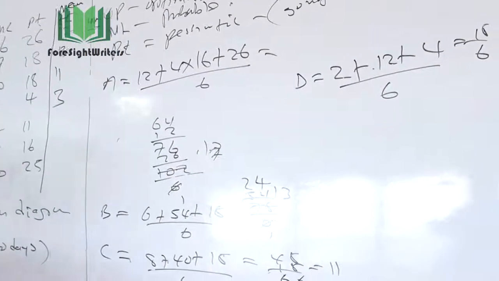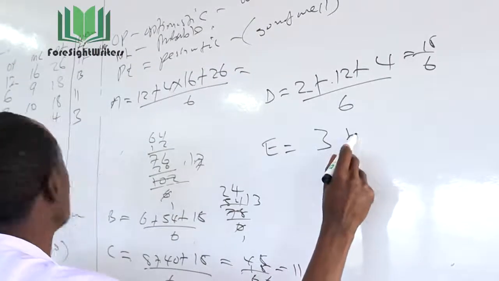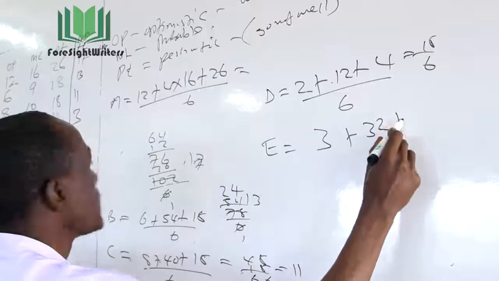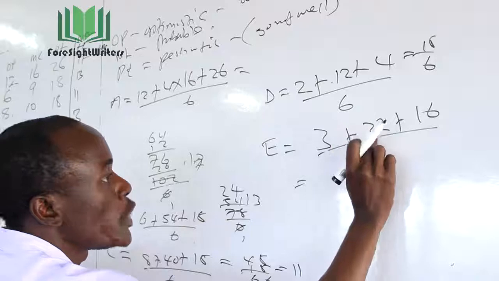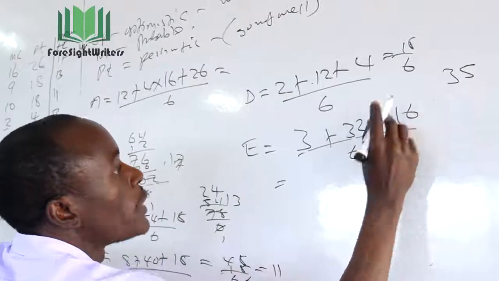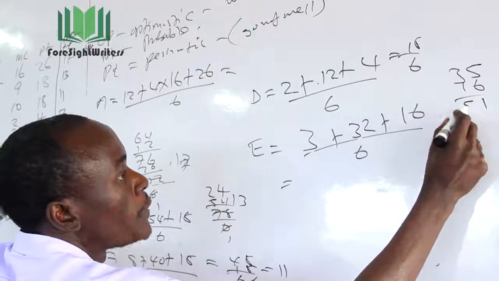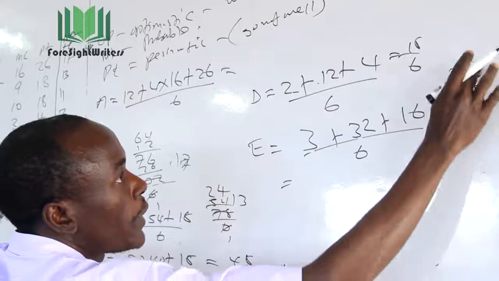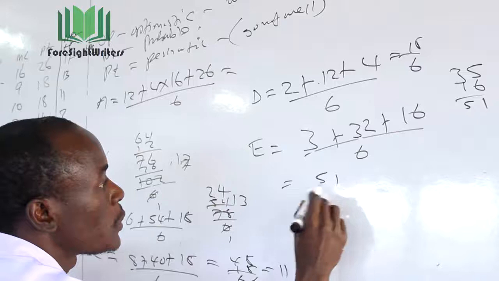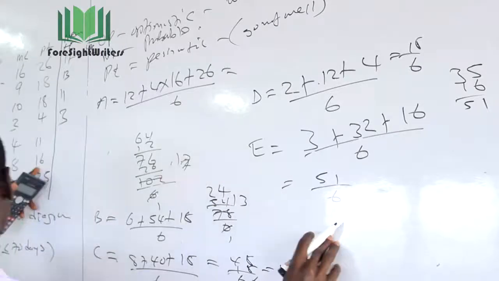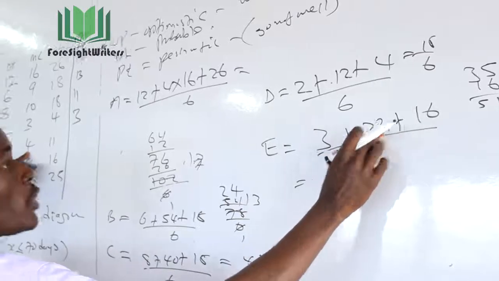Activity E is equal to 3 plus 8 times 4 is 32 plus 16, divided by 6. So if I'm not wrong, it is not 8.